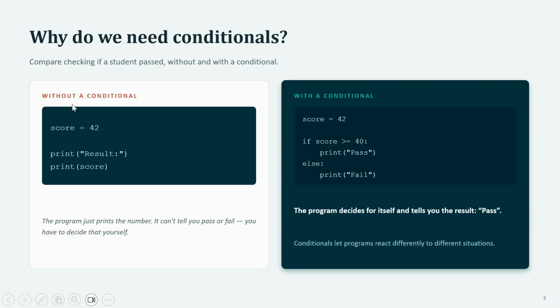Now let's compare checking if a student passed, without and with a conditional. Without a conditional, score equals 42, print the score. Here it simply prints the score and nothing else. We cannot see whether the student passed or not.